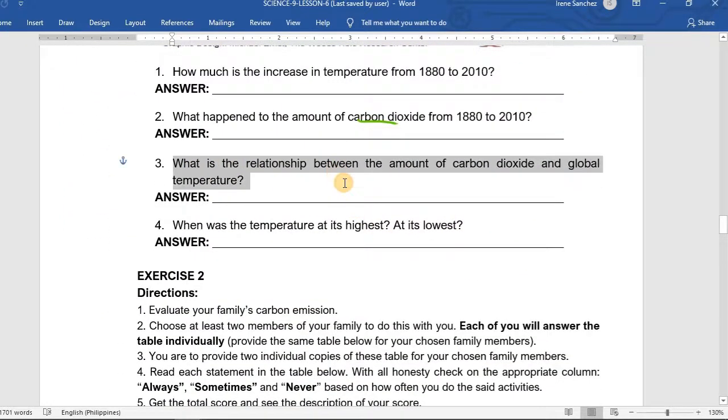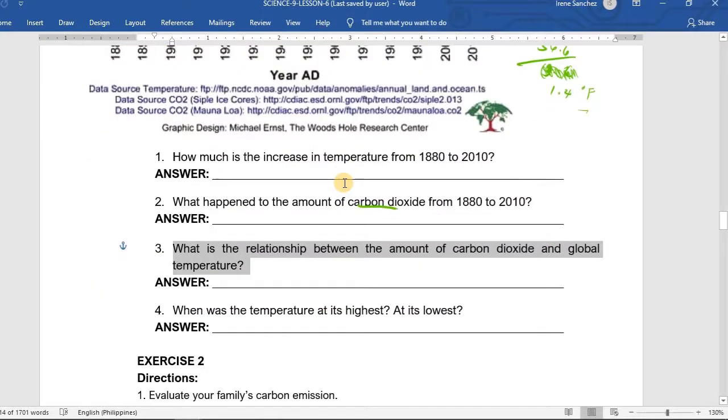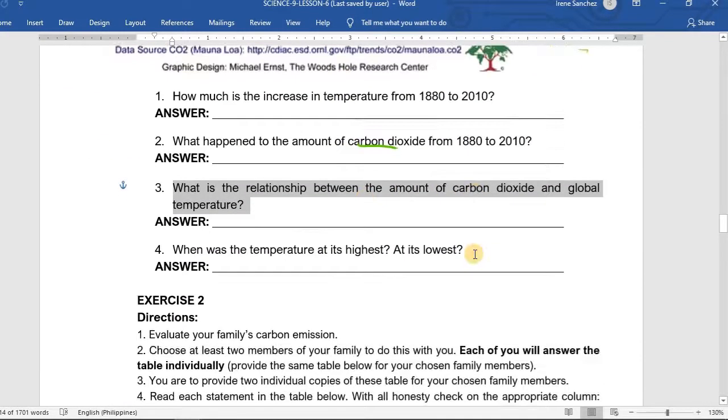Then next, explain the relationship between the amount of carbon dioxide and the global temperature.